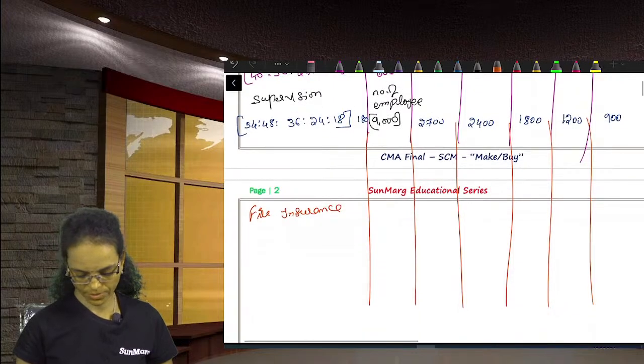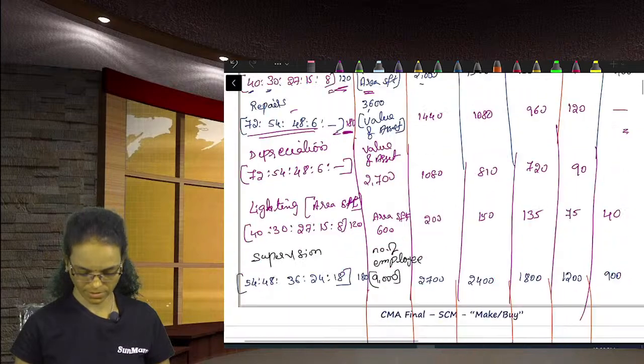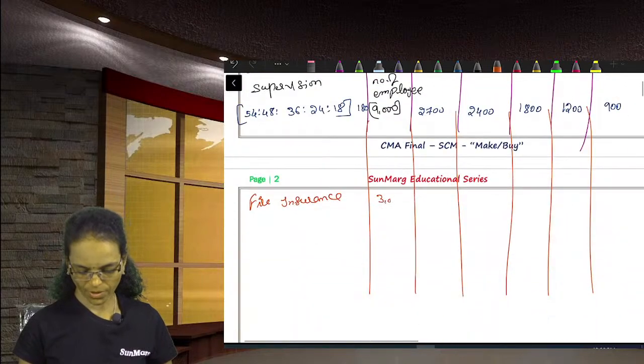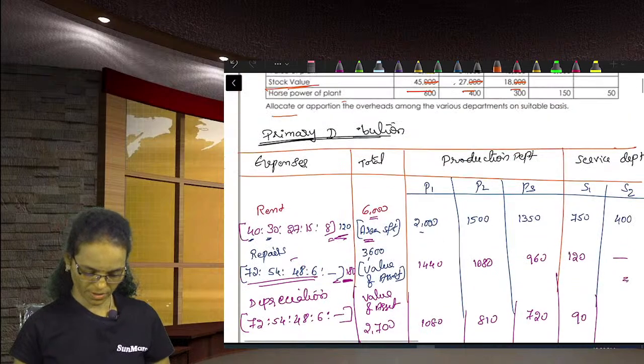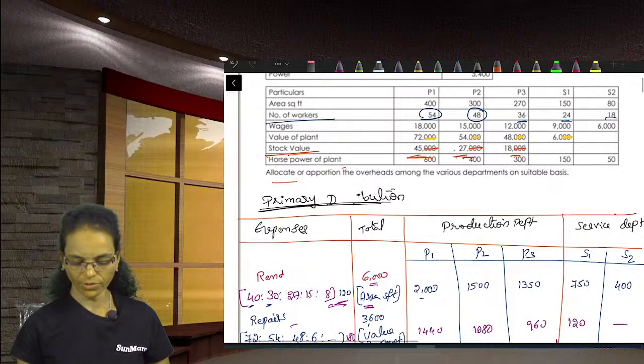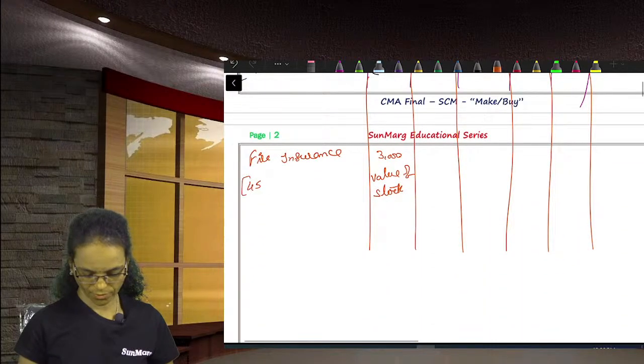The amount of fire insurance is 3,000 rupees on the basis of value of stock. The ratio 45, 27, 18.